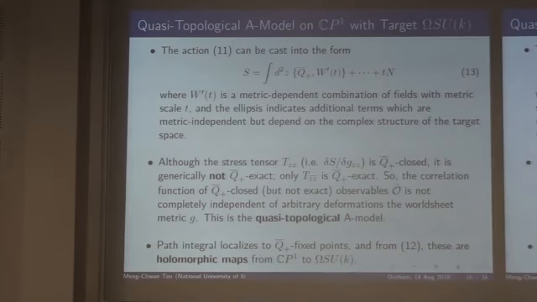So this defines the quasi-topological model. If you have a correlation function of operators inside which are Q closed but not Q exact, and you vary that correlation function with the various components of the metric, only some of them vanish, not all of them. So in that sense, it's only quasi-topological.